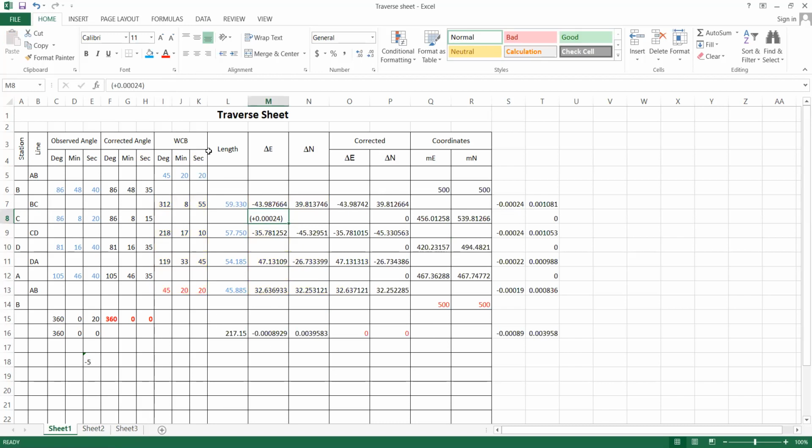M16 is the total delta E, sigma delta E, divided by L16. L16 is the total length, and multiplied by the respective length, 59.33.